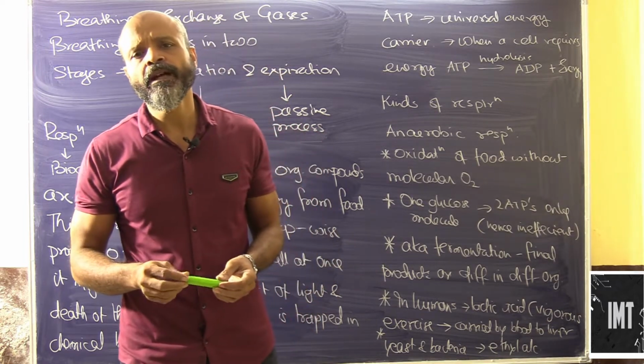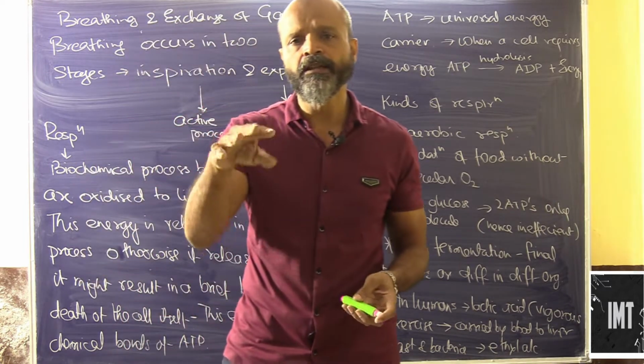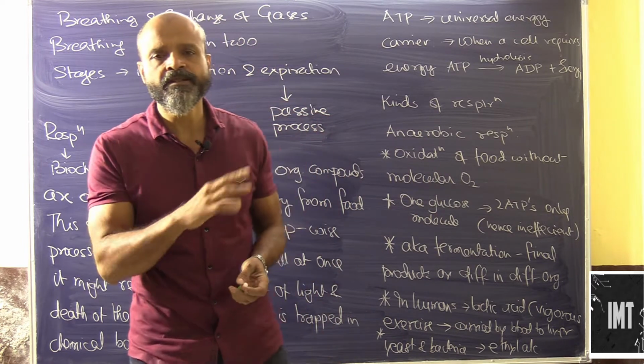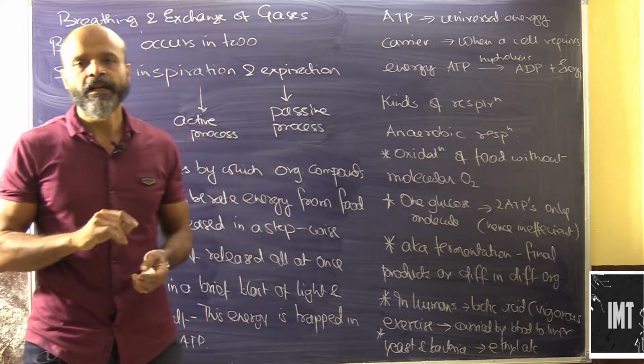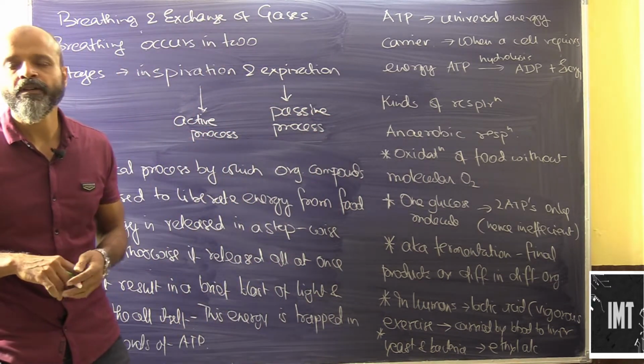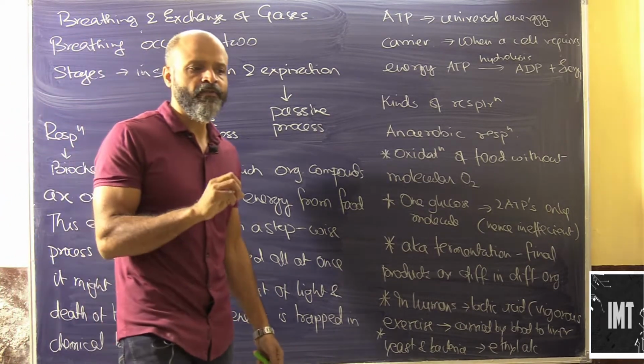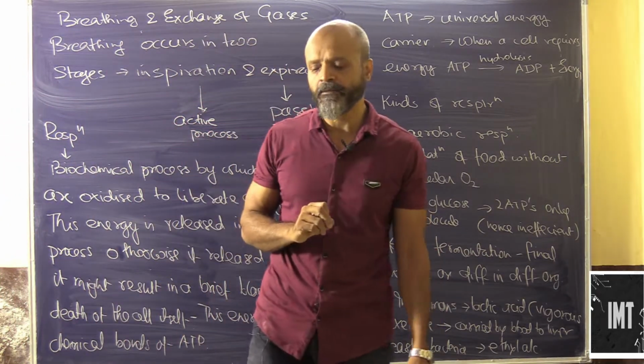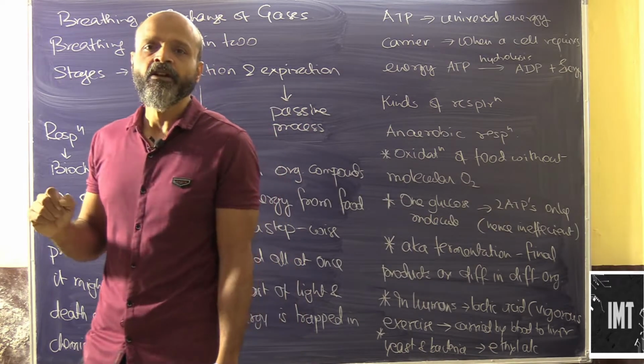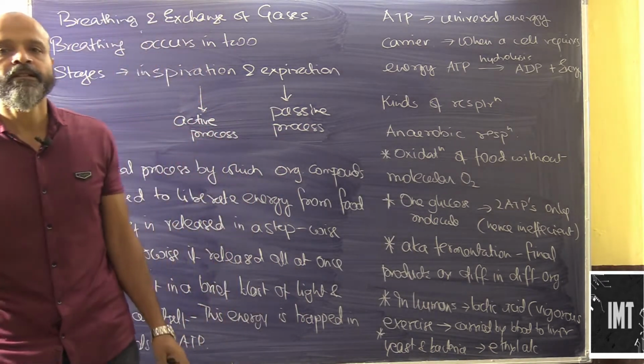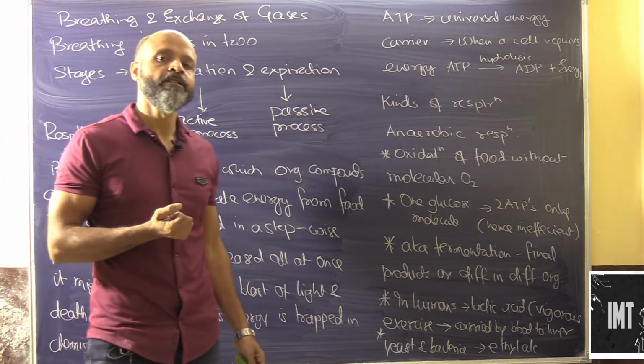Different boards have covered till the 10th standard in bits and pieces about respiration as a process. We have kind of touched base with concepts like Krebs cycle or maybe glycolysis. Then we have electron transport chain.